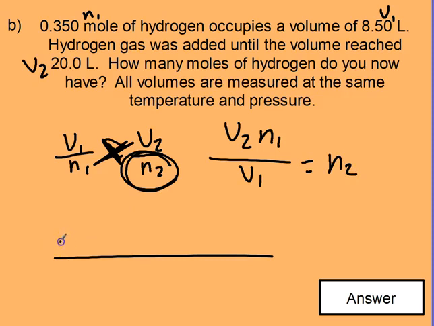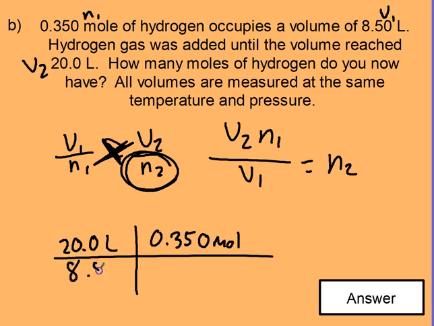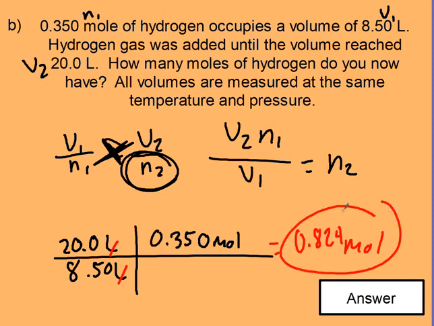Plugging it in, volume 2 is 20.0 liters, times moles 1, which is 0.350 moles, divided by volume 1, which was 8.50 liters. Looking at this, liters cancels out, so my answer's in moles. So I just multiply and then divide. 20 times 0.350 divided by 8.50, and I got 0.824. And there's my answer right there.